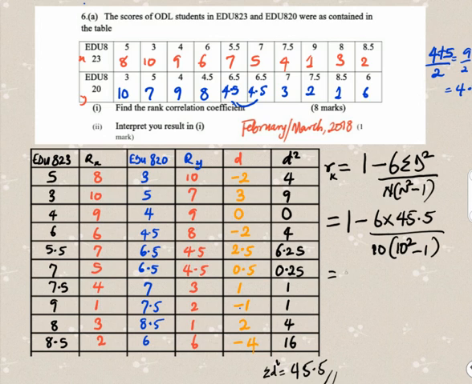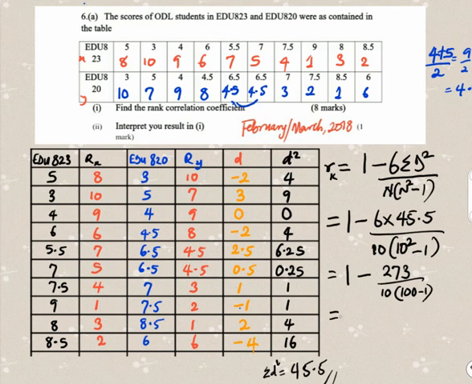So we're going to have 1 minus 6 times 45.5. This will give 273 over 10 into 10 square, which is 100, minus 1. That will be 99.